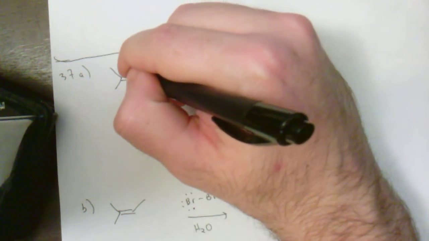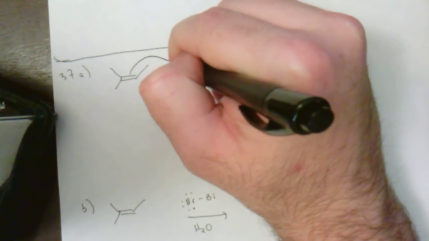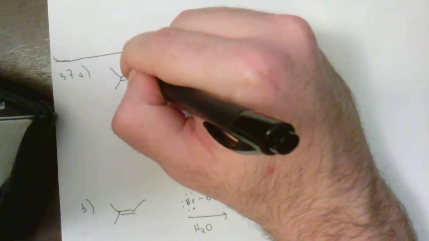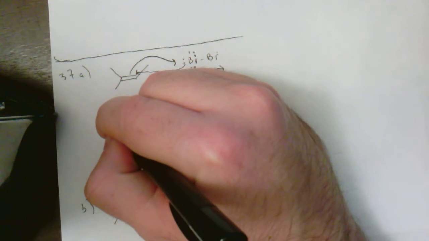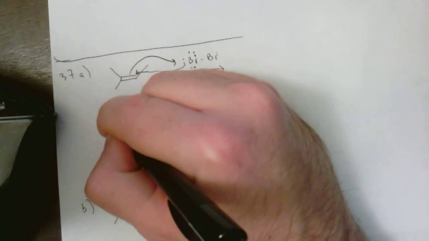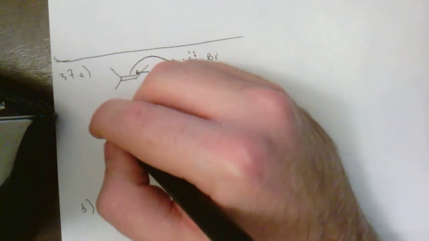Okay. So again, I'm going to make my three-membered ring, and I can make this with the bromine on either side. So I'm just going to pick one of these ways to draw this.